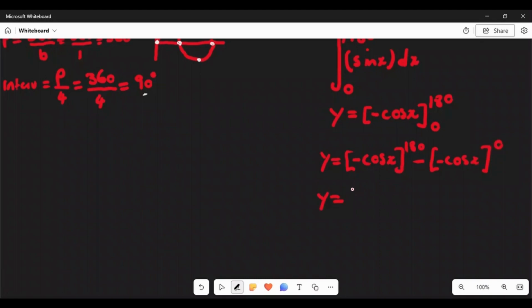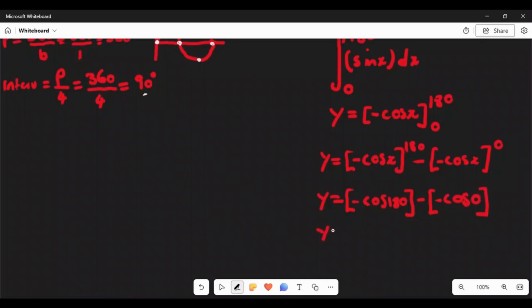So let's do it. On your calculator, this is what you write: wherever there is x for the first bracket, you put cos 180, and then on the second bracket you're going to put negative cos 0. Do you guys see?